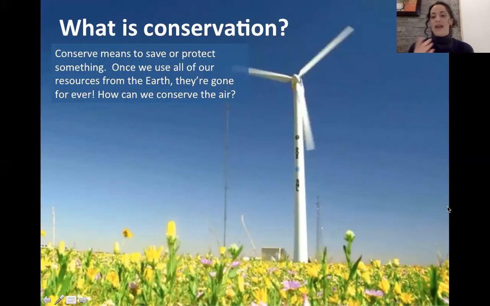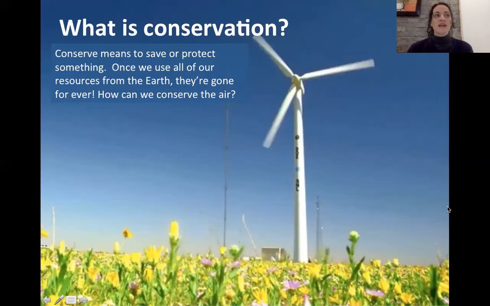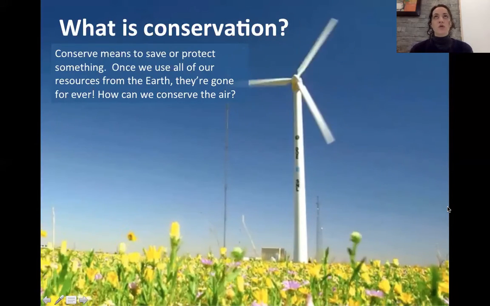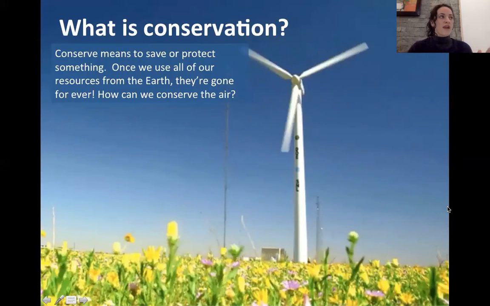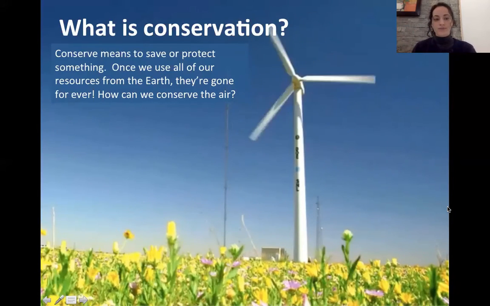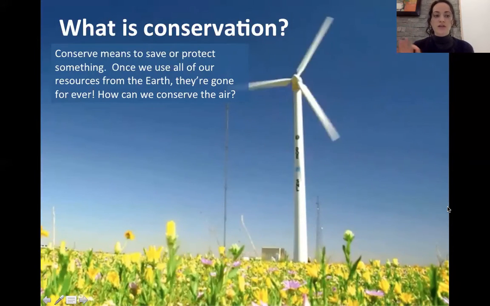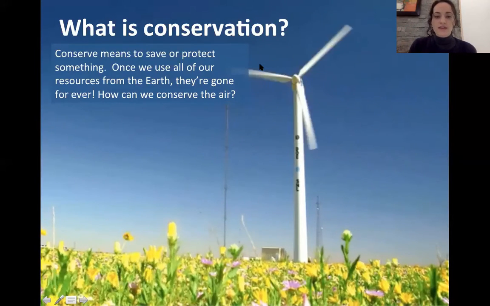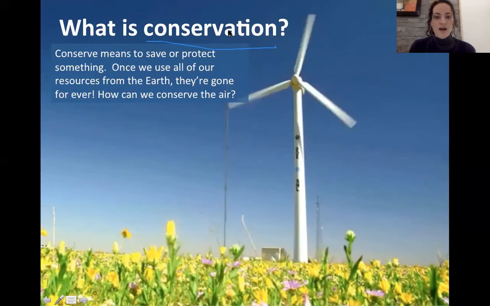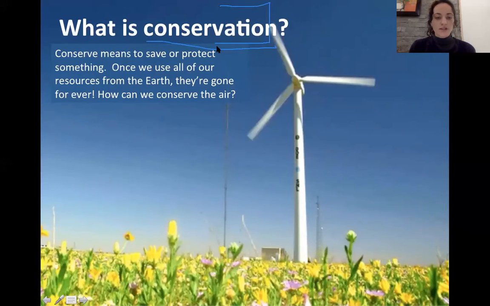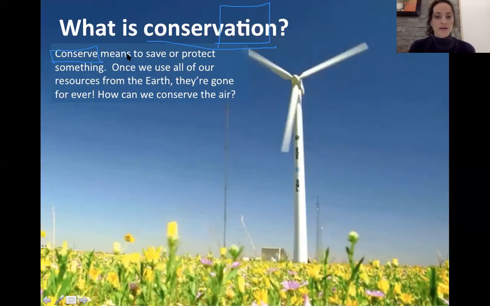So one thing, and sorry, this is my fault. Conservation is when you practice conservation of the earth. But the verb is to conserve. So this word is conservation. See the ation on the end?